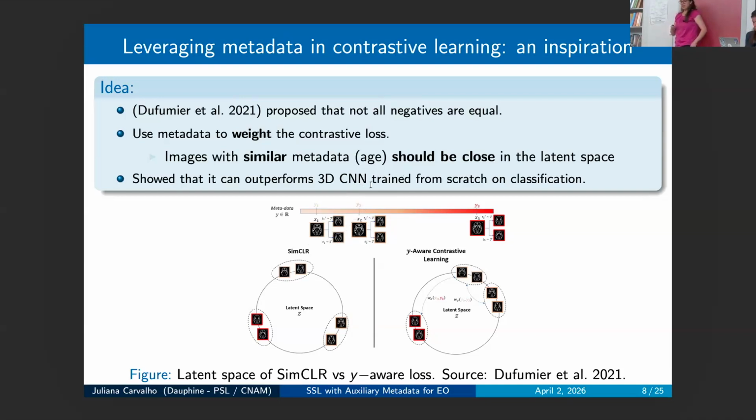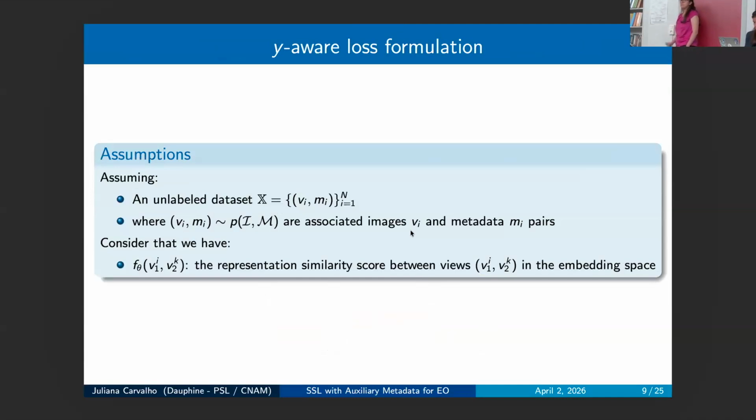So their idea is that images with similar metadata should be close in the latent space, rather than ones that have different metadata. So they proposed this Y-Aware contrastive learning, which I will describe more technically in the next slide.